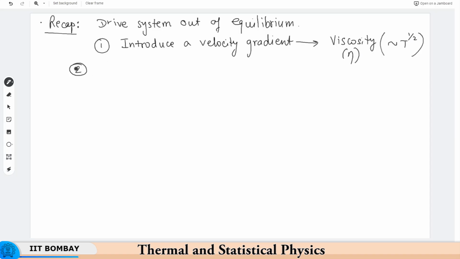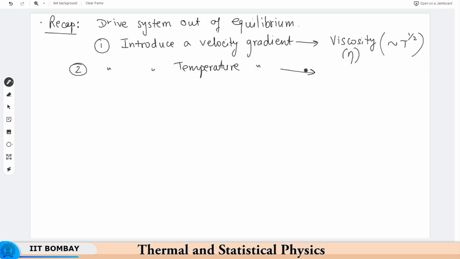And the second way we drove the system out of equilibrium was by introducing a temperature gradient, right? Which means along one axis the temperature of molecules is greater. As a result, since temperature is basically a measure of kinetic energy, there is transfer of energy, and transfer of energy is basically heat, right?